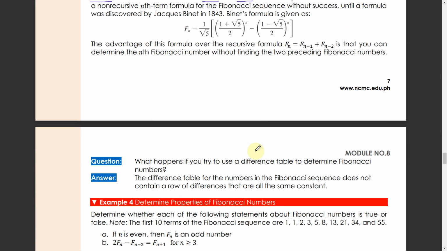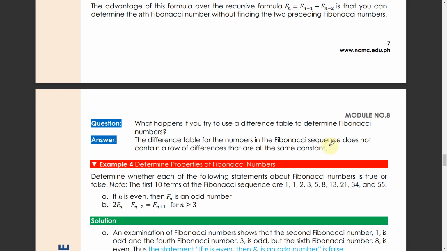Okay, so question. What happens if you try to use a difference table to determine the Fibonacci numbers? In our first discussion, if you use a difference table, what would happen?